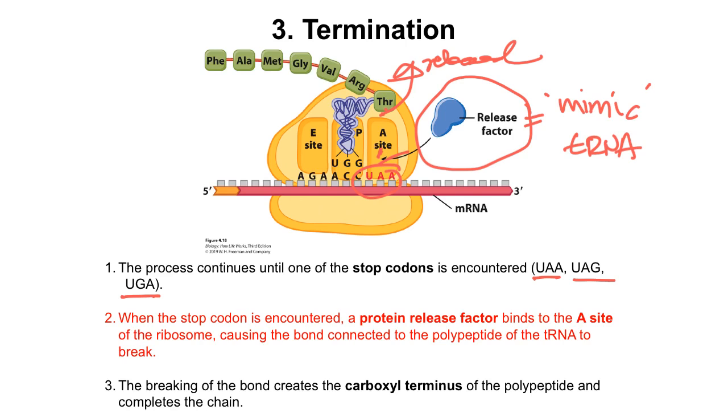Okay, so the breaking of the bond creates the carboxy terminus of the polypeptide, and it completes the chain and simply gets released. And so this ends the process of translation. Once that happens, the large subunit and the small subunit of the ribosome dissociate and get released into the cytoplasm, thereby terminating the process of translation.